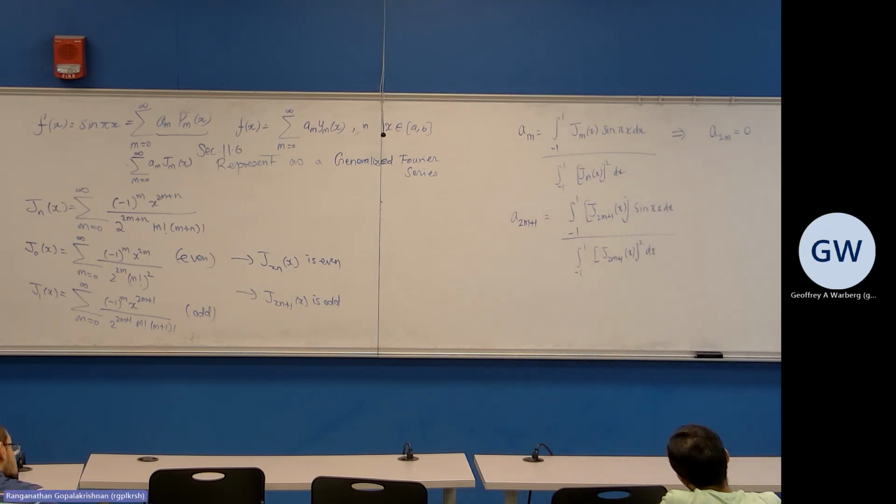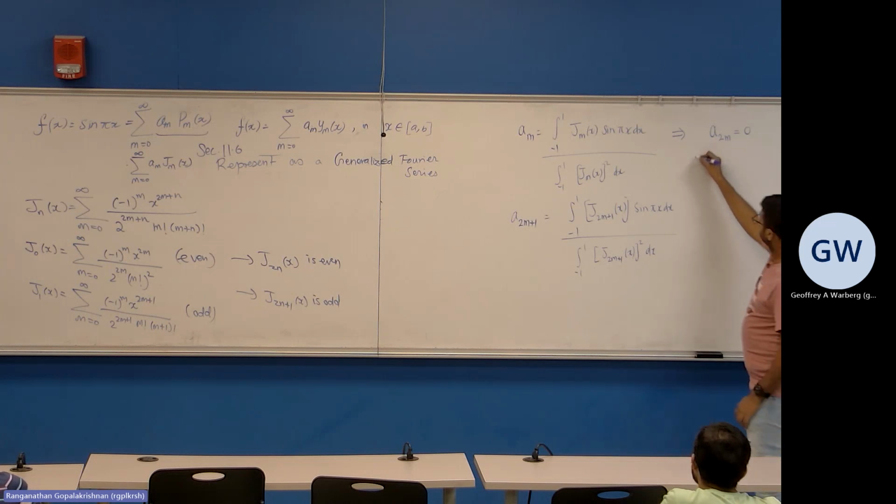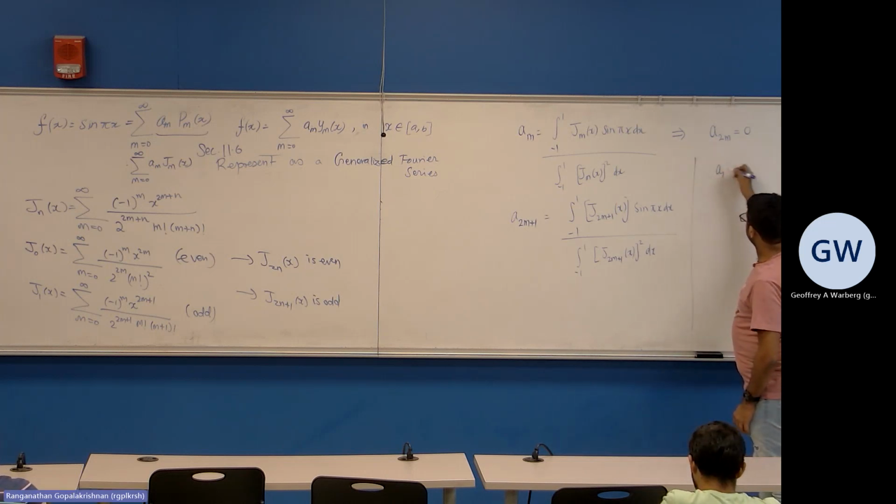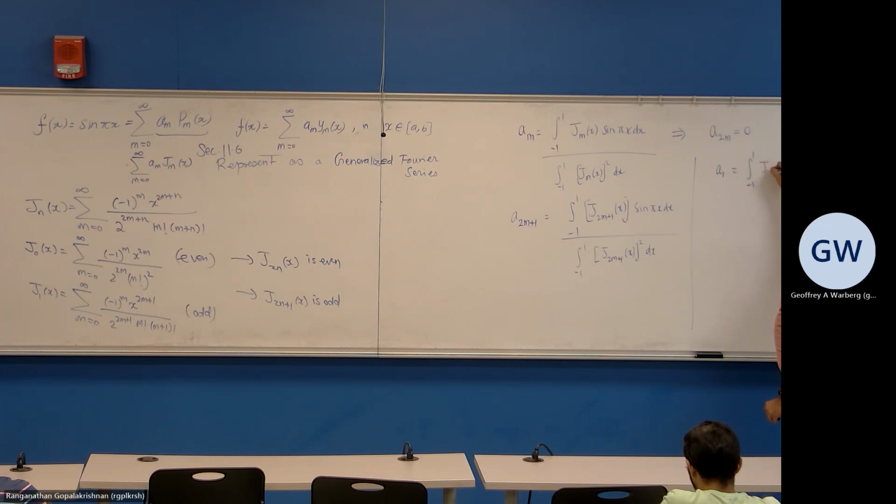this is where having a good numerical integration routine ready will save time for you. Okay, so for example, A1 is the integral from minus 1 to 1 of J1 of x sine pi x dx divided by the integral from minus 1 to 1 of J1 of x squared.